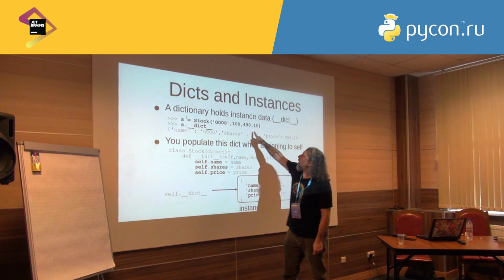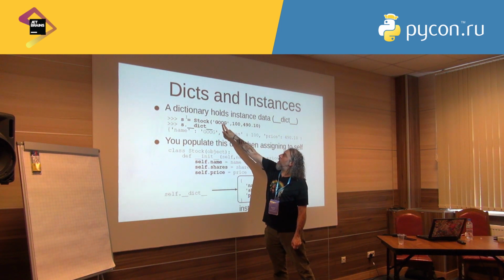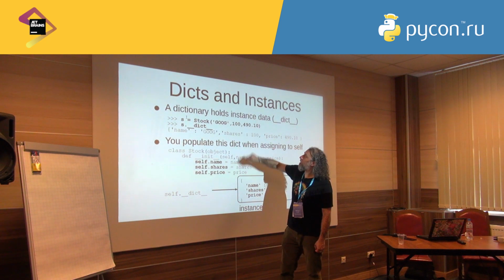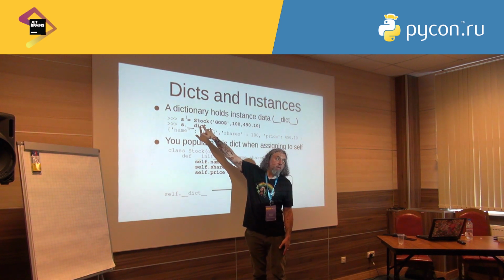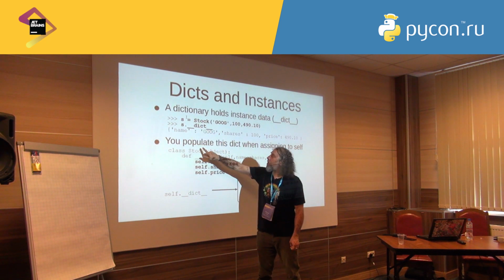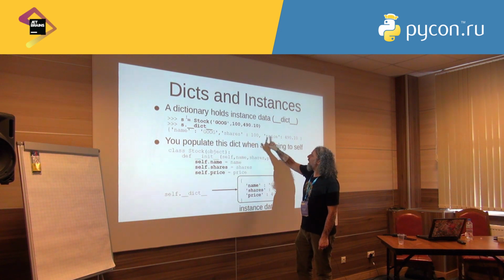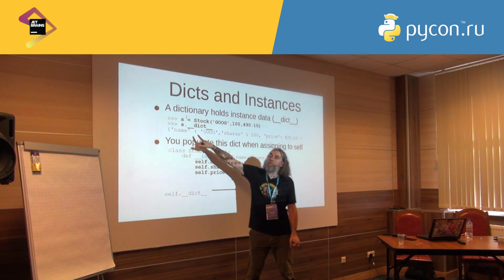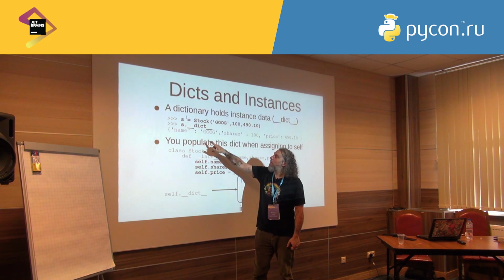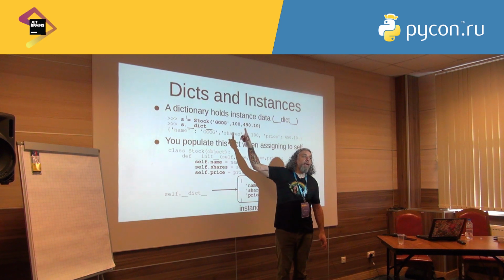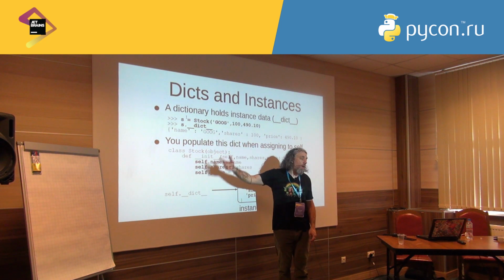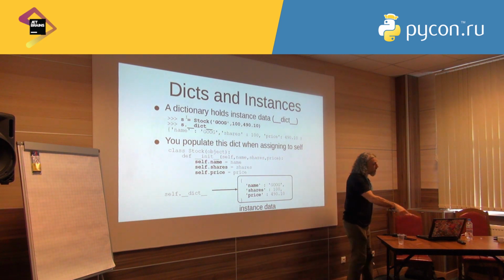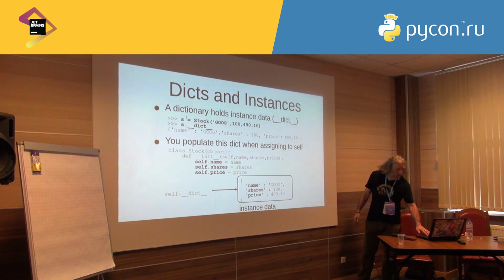So we instantiated our class with the symbol, the number of shares, and the price, and there is an actual dictionary attached to the object holding the name, shares, and price. Operations on the attributes of the instance correspond to operations inside that dictionary. And you can try that; the exercise that comes after this takes you through playing with that a bit.